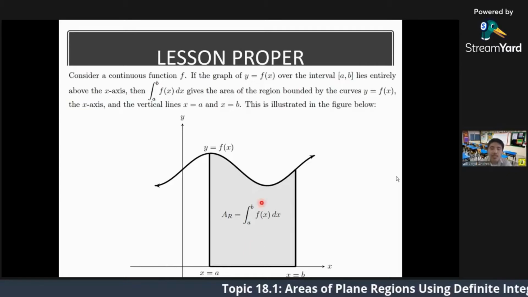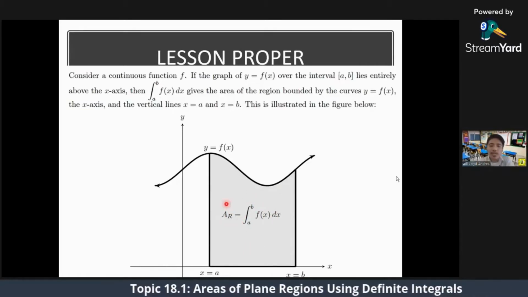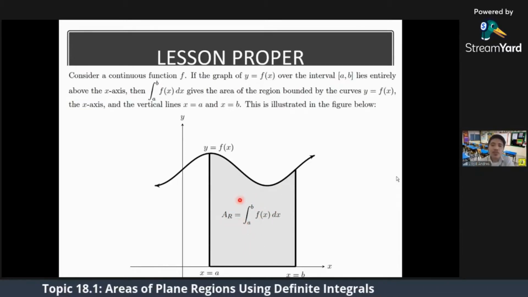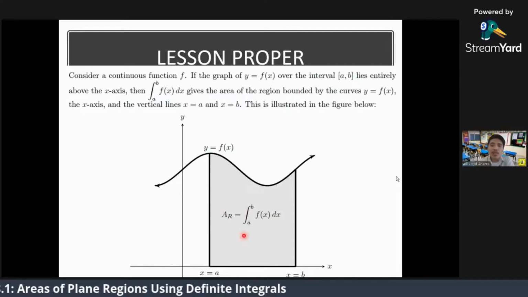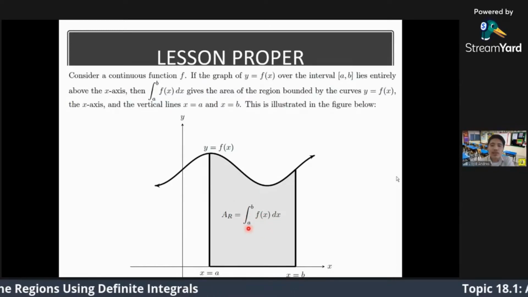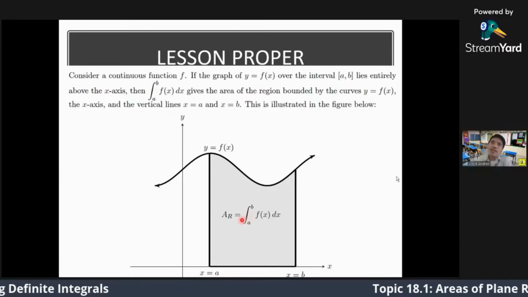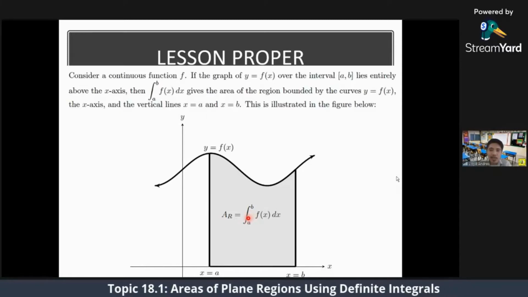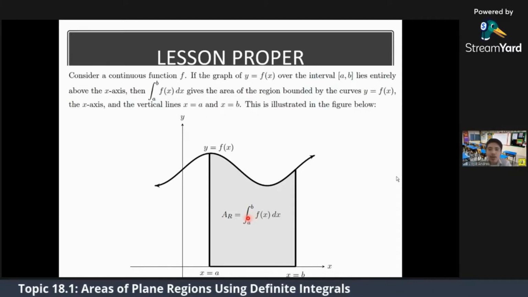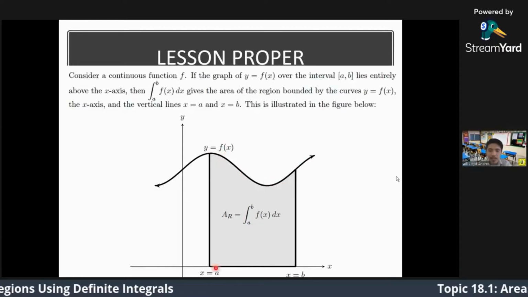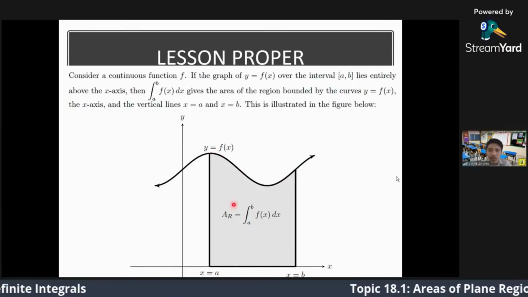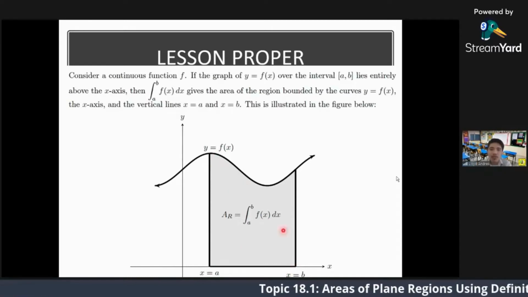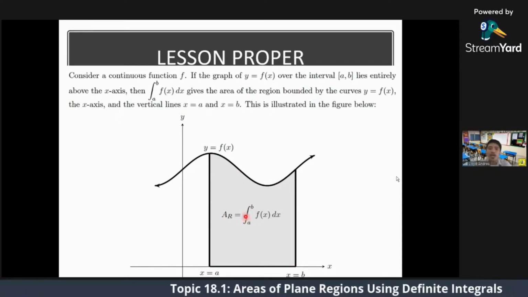So, one interpretation of the definite integral is the area bounded by the given curve, the x-axis, and two vertical lines. That is the geometric interpretation of the definite integral.